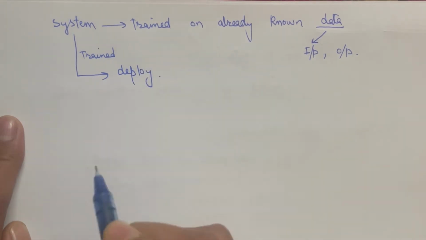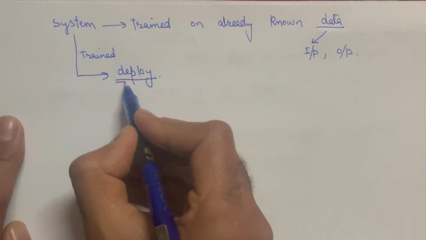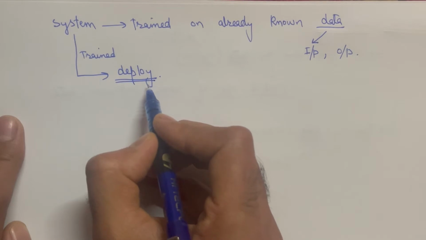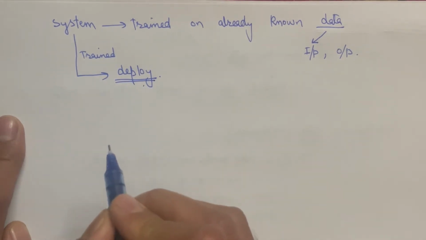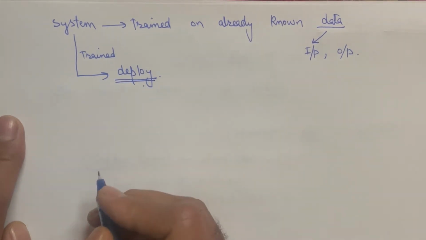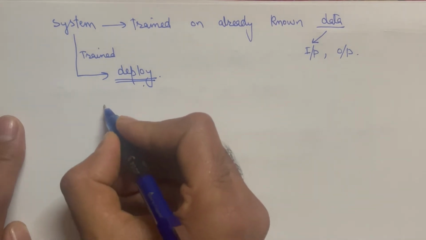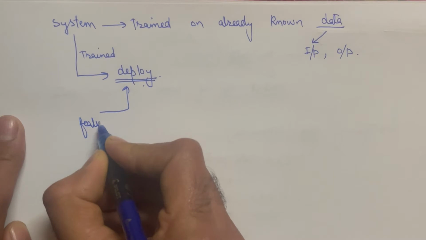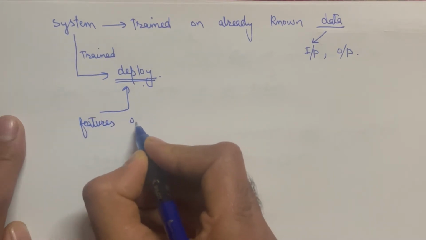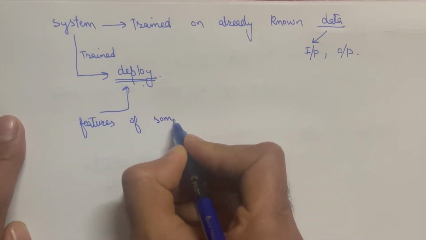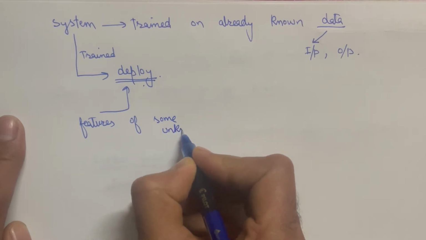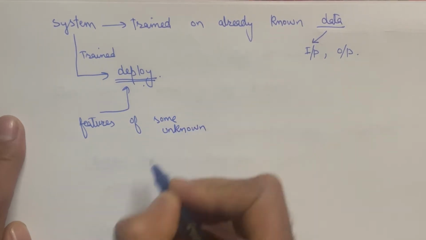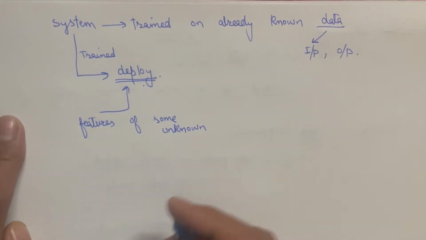Deploy it means that we will now use this particular system to predict the price of a house whose output is not known. So let's say we got some features of some unknown house. Unknown house here means we don't know the output of this house, or we can say the price of this house.